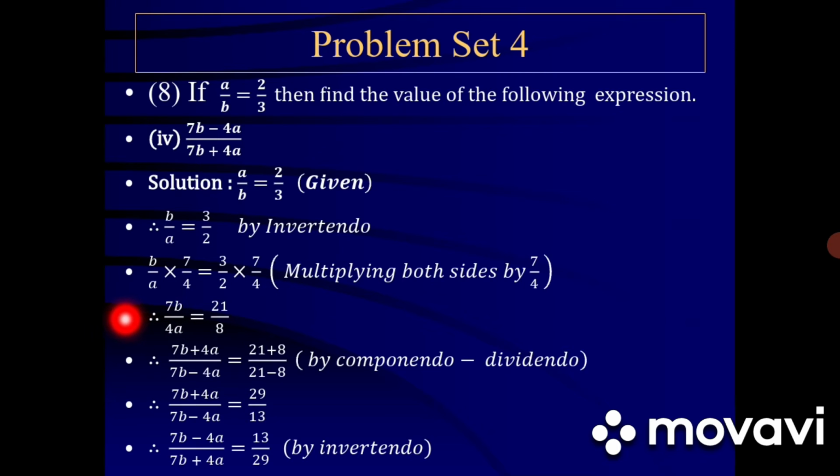Therefore, 7B upon 4A is equal to 21 upon 8. Therefore, by componendo dividendo, 7B plus 4A upon 7B minus 4A is equal to 21 plus 8 upon 21 minus 8. Therefore, 7B plus 4A upon 7B minus 4A is equal to 29 upon 13. Therefore, 7B minus 4A upon 7B plus 4A is equal to 13 upon 29 using invertendo.